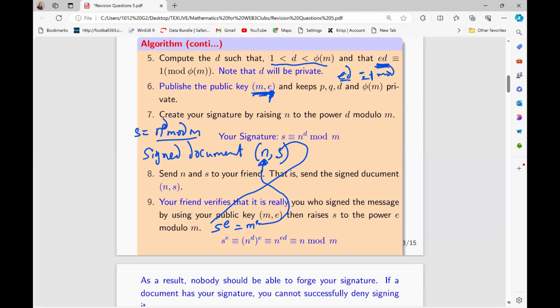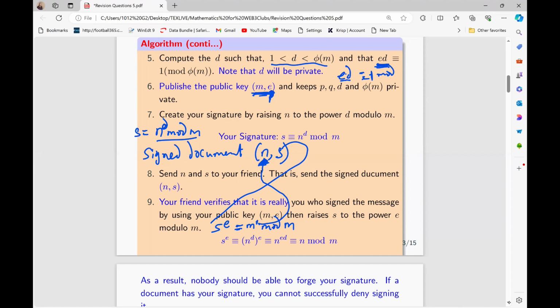What have you done? You've taken this signature S and raised it to E. You find E from the public domain where the person had deposited it. Take the signature raised to E, of course mod M, and compare what you get with what you've been sent as the message.